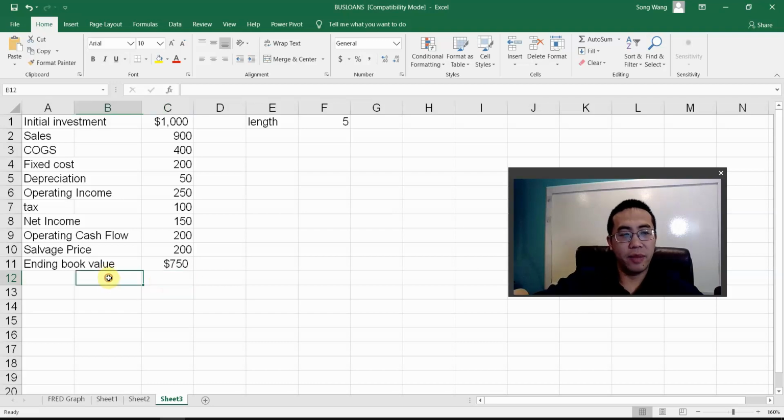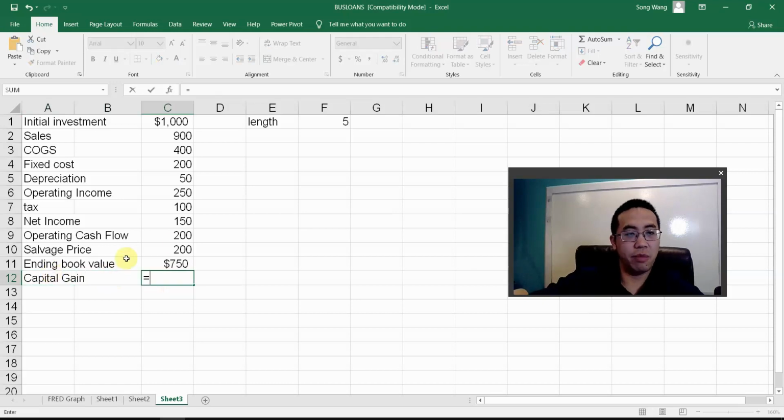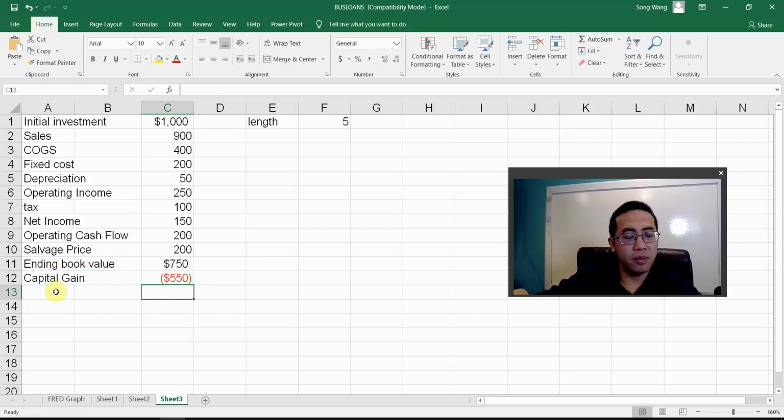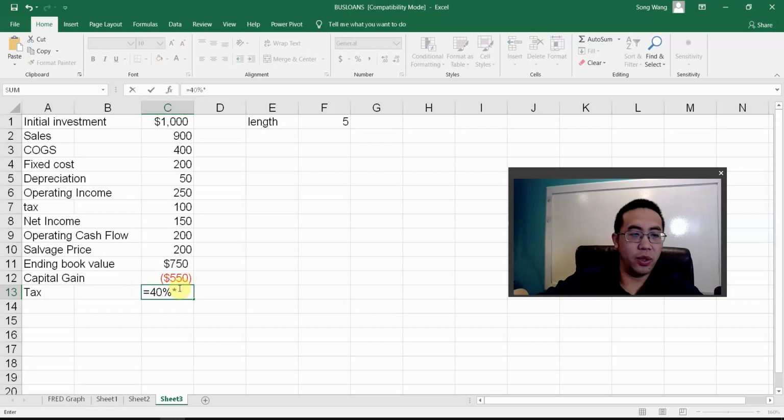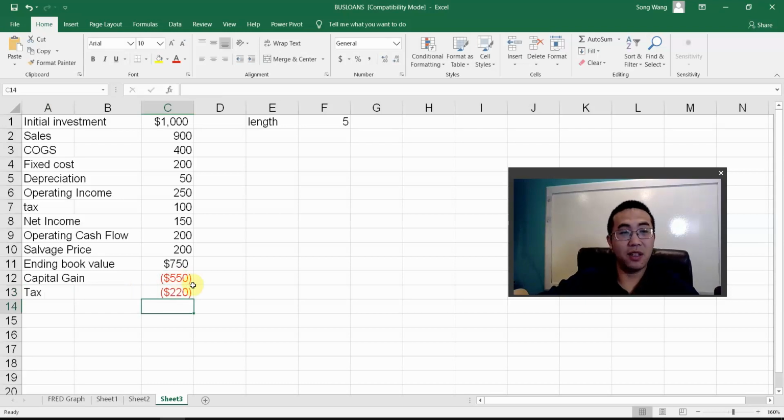asset. So actually, I'm making a capital loss. Still, I put the name as capital gain here, and I use the salvage price minus the ending book value. It's like a rush sale, so I suffer a capital loss. One is negative, it's a loss. And then I will get a tax credit on it. I still use whatever number I have multiplied by the tax rate. If it is negative, that means I'm receiving a tax credit.